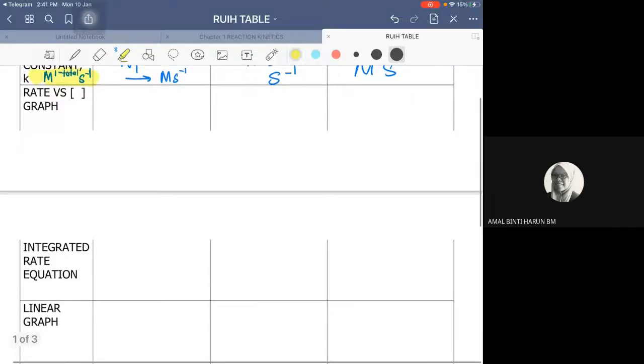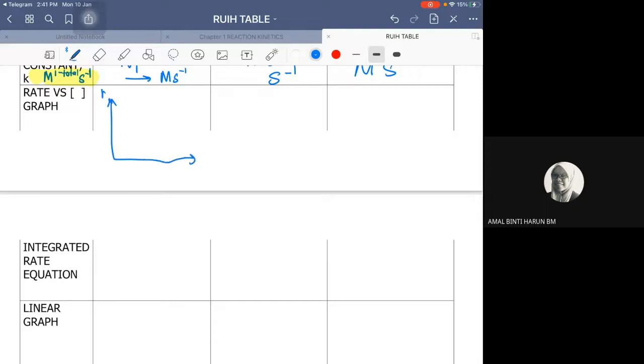Okay. And then rate of the graph rate versus concentration. Ini pun dah tunjuk tadi kat dalam nota tu. Rate versus concentration. So kalau zero order, you akan dapat constant, kekal.